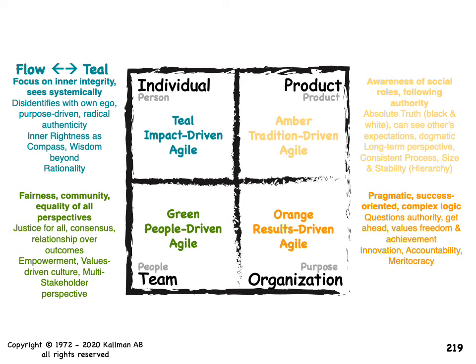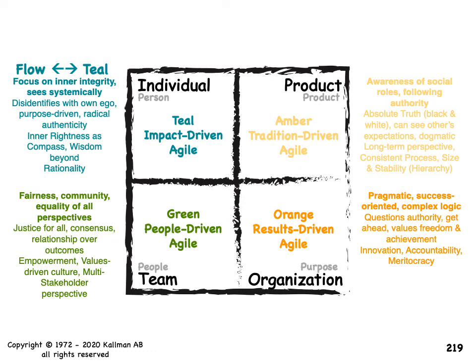And when you start looking at the description of these individuals, they want fairness, community, equality of all perspectives. They desire justice for all, consensus, relationship over outcomes. And when you start hearing things like that, it reflects the Agile Manifesto and the 12 principles included in the Agile Manifesto.